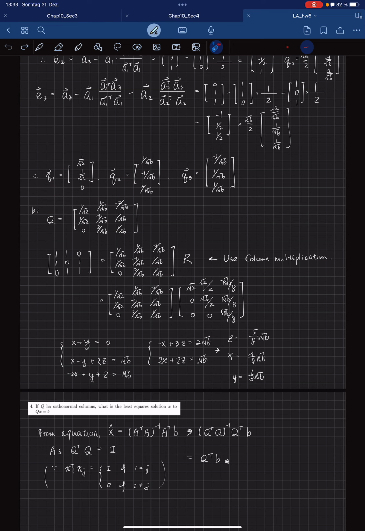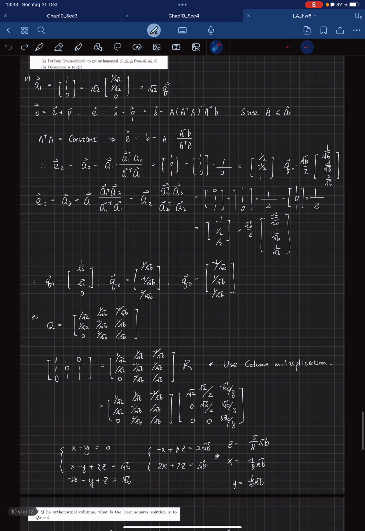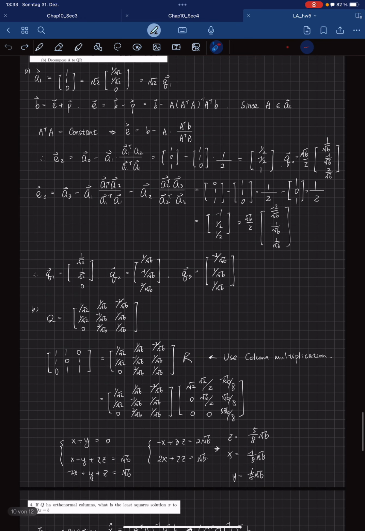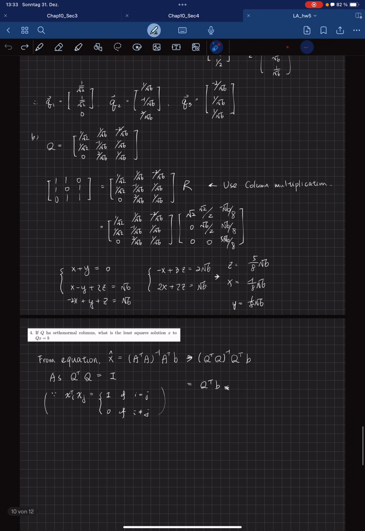And now when we combine these three vectors, we end up with our big Q, which is Q1, Q2, Q3, right? So our B is telling us to decompose A is equal to QR. So this is our A, this is our Q, and this is our R, right?